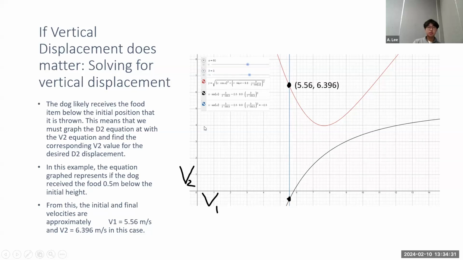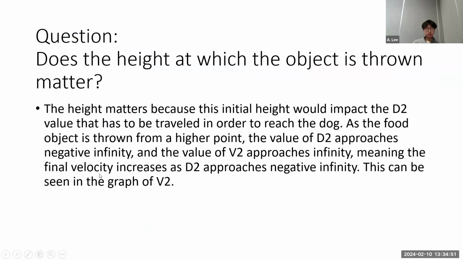In this example, the equation graphed would represent that the dog received the food 0.5 meters below the initial height, and that gives us a final velocity of 6.396 meters per second and an initial velocity of 5.56 meters per second. So from this, we can tell that the height and the distance matter in the final velocity of the object.